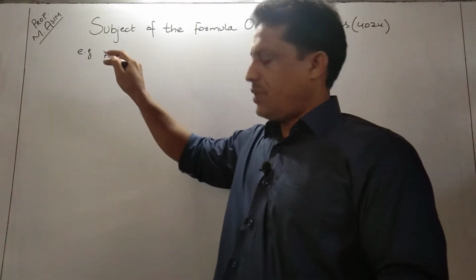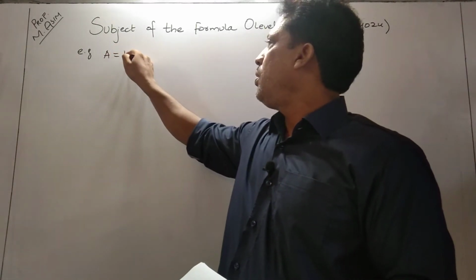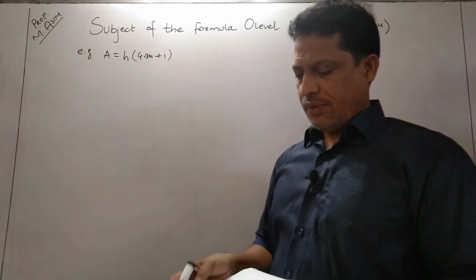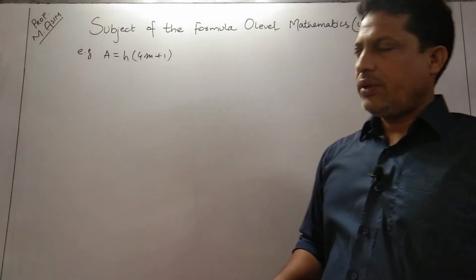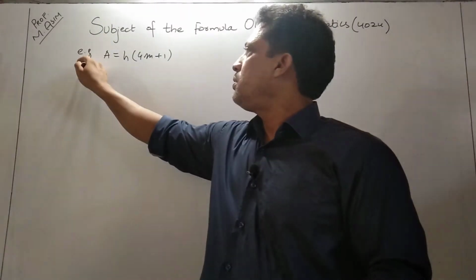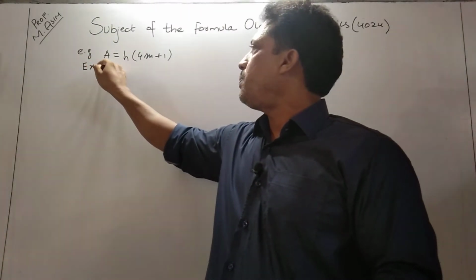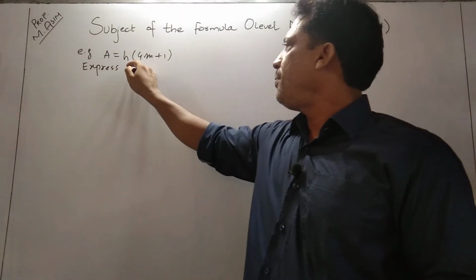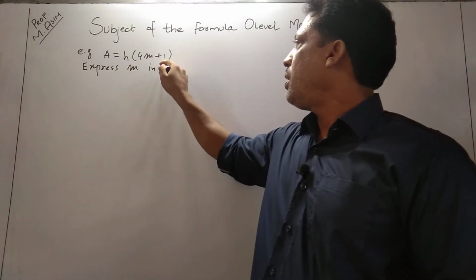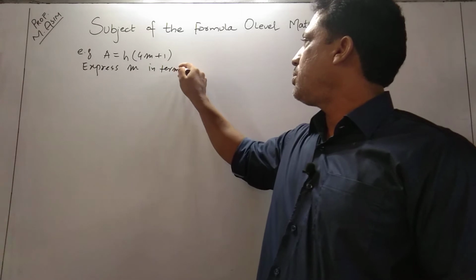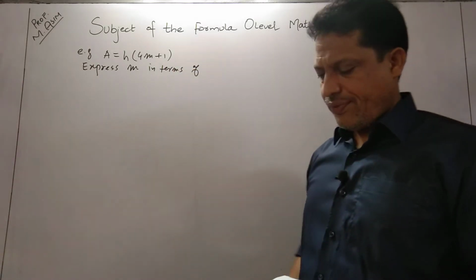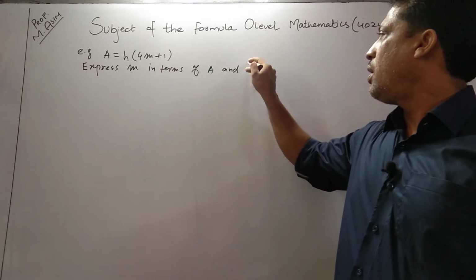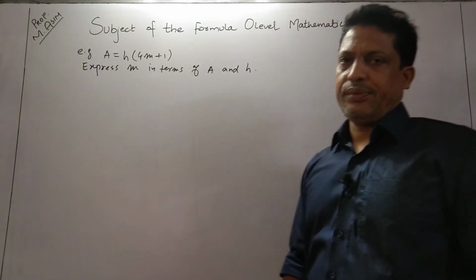A is equals to h(4m + 1), and the question is: express m in terms of A and h.